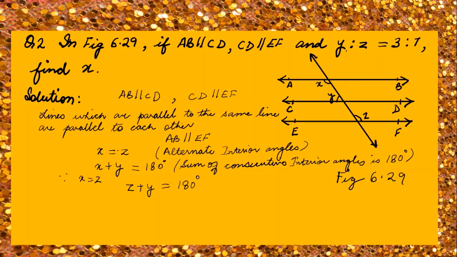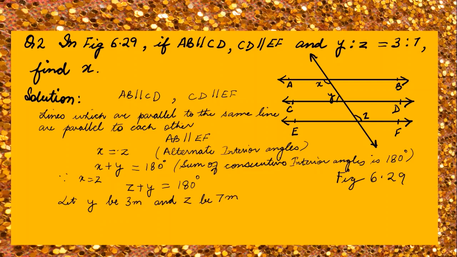Yes, Z plus Y is your 180 degree, and what they are saying, Y is to Z equal to 3 is to 7. So just suppose let Y be 3m and Z be 7m.